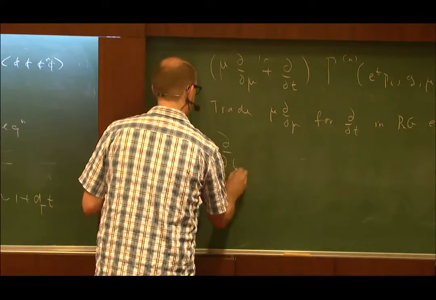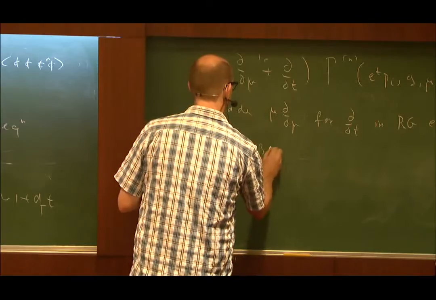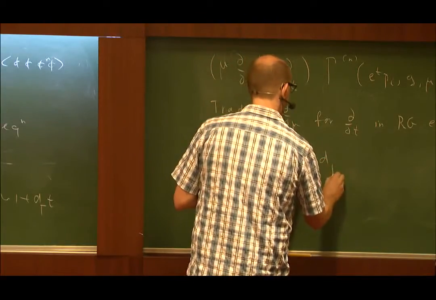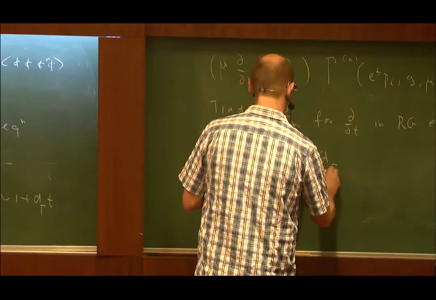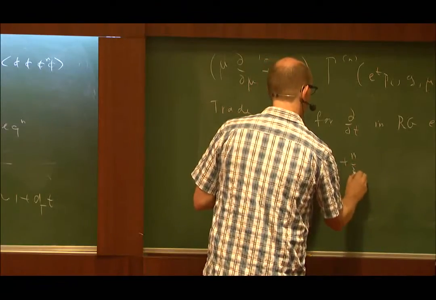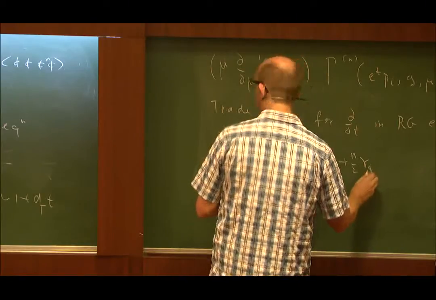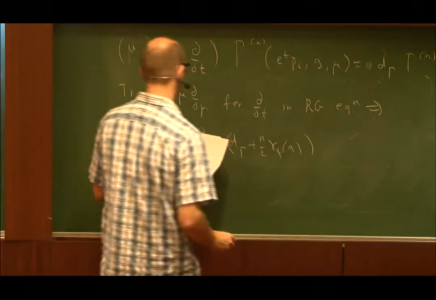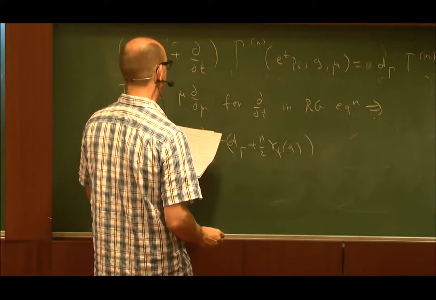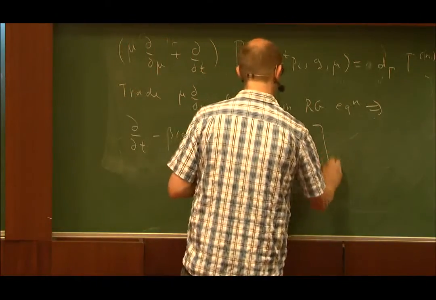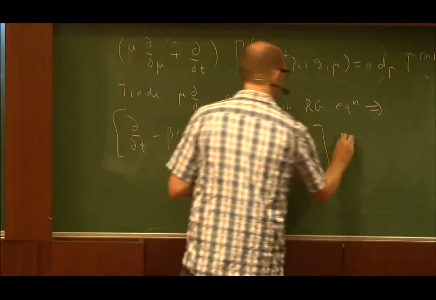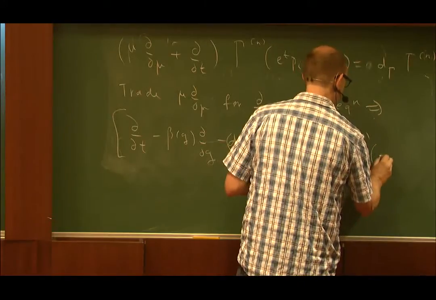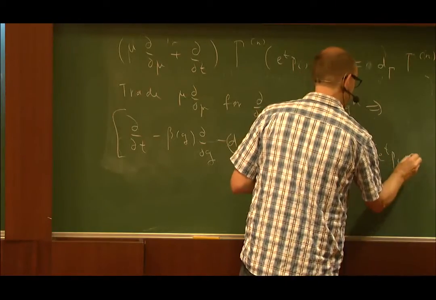d dt minus beta of g d dg minus d gamma plus n over 2 gamma phi, they call it gamma phi, of g, on the renormalized Green's function itself, e to the t pi g and mu.